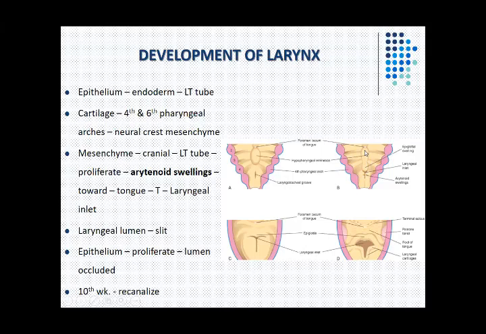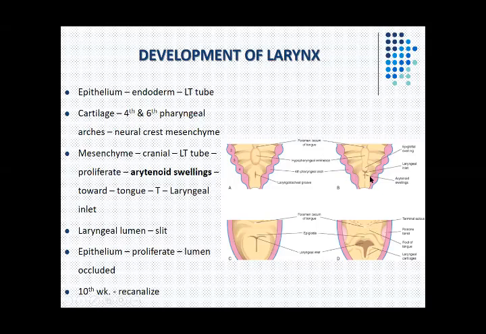This structure is simply mesenchyme in the midline. इसको hypobranchial eminence कहते हैं. ये जो मिडलाइन में नजर आ रहा है बेटा, this is simply midline condensed mesenchyme. ठीक है, इसको hypobranchial eminence कहते हैं.